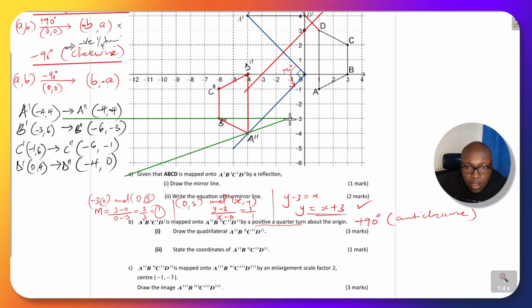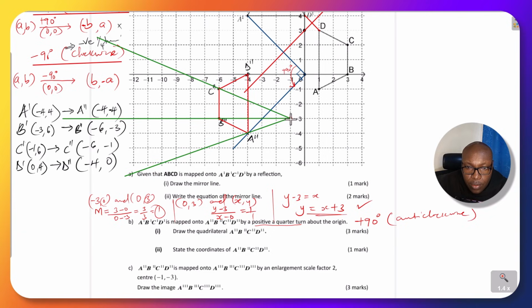Then from the center again to C, it's supposed to be there.